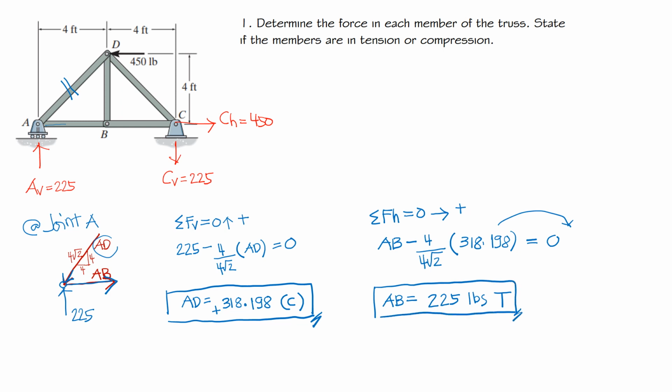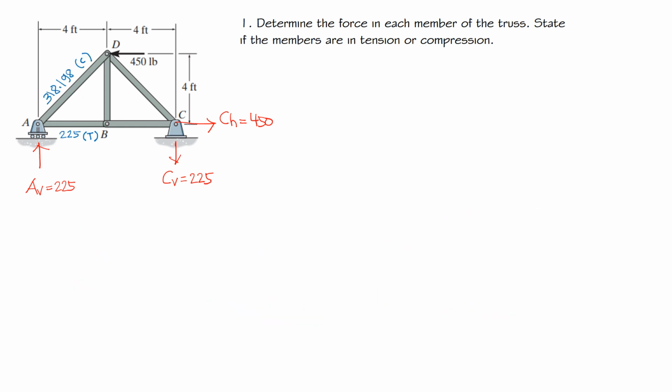Okay, so AB now has been solved. We are left with 3 members. I've placed here the values of solved members for our reference.